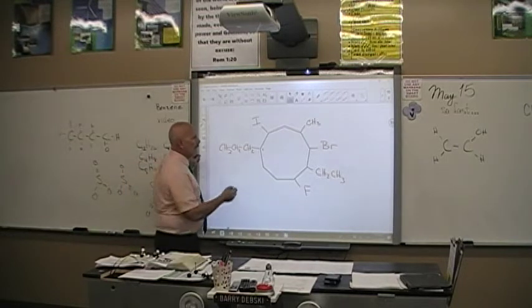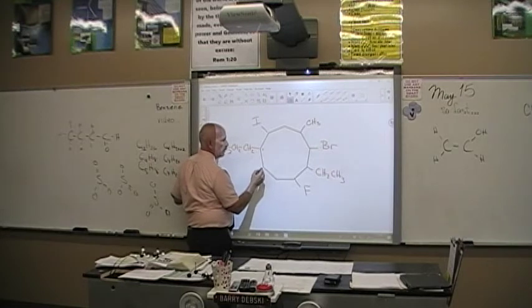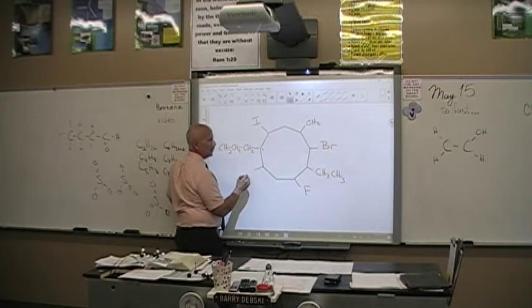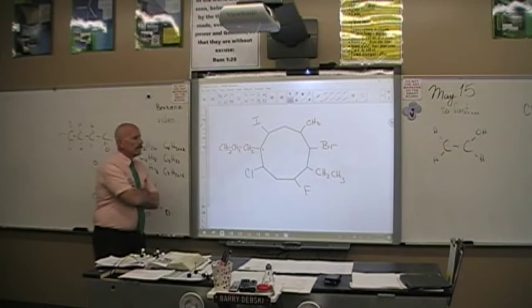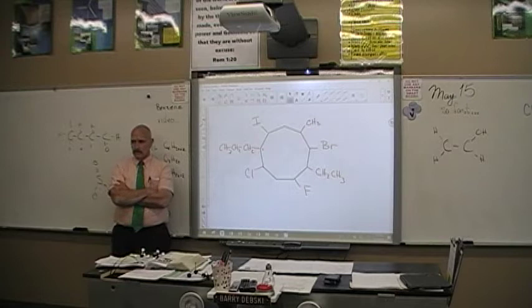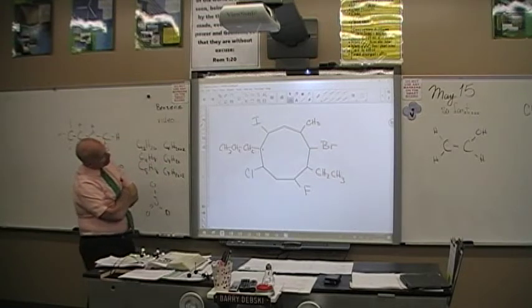Okay. How about if I put one more thing on here? Let's change color. What would this do? You would just go the other way around, I think, because it's the shortest distance.